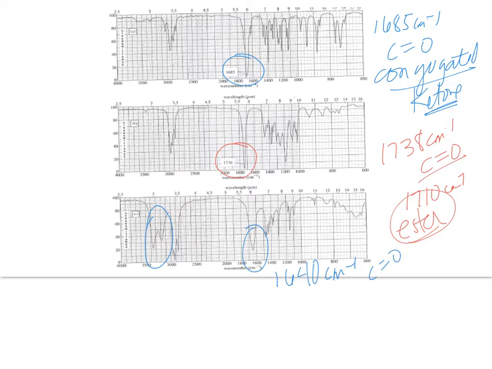So even though we have this carbonyl, we also have two peaks here, so this would be an amine. So the amine plus a carbonyl would be an amide. So it's probably a secondary amide, which means the nitrogen has two hydrogens on it.